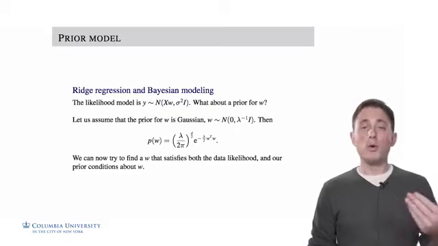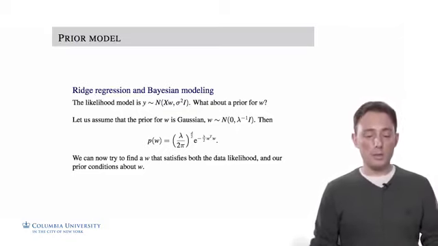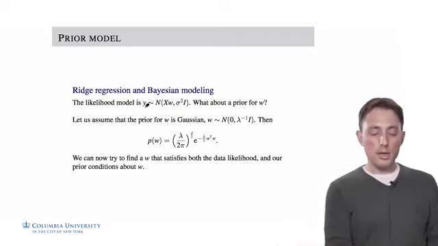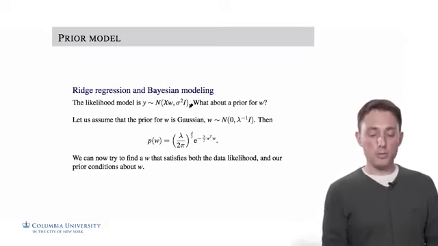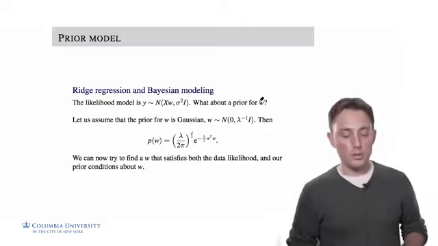First, I'm going to make an assumption of a prior model for the vector w. So we see that the likelihood model is, again, that y is generated from a multivariate Gaussian like this. We'll make this hypothesis. And so what about a prior on w? Let's hypothesize a prior distribution on w.